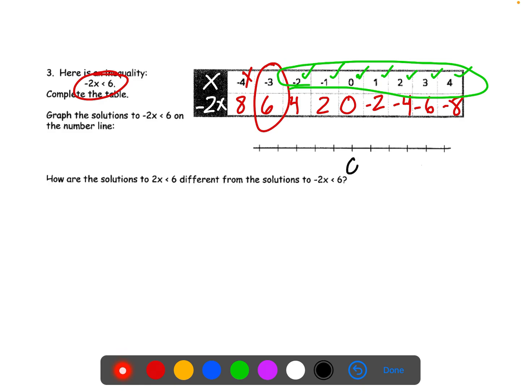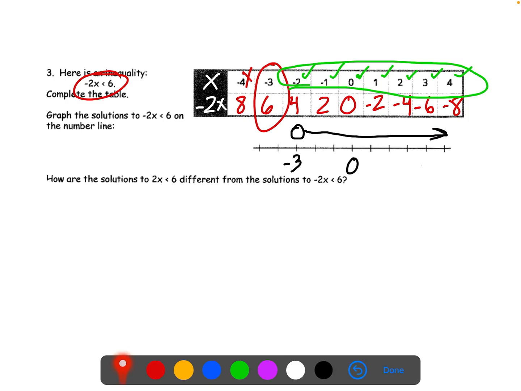If we have 0 here, we're going to go to -3. And we're going to make our open circle because -3 is not a solution, but anything greater than that, including some of those negatives and all the positive numbers, is a solution. So we're going to go to the right to include those answer choices.